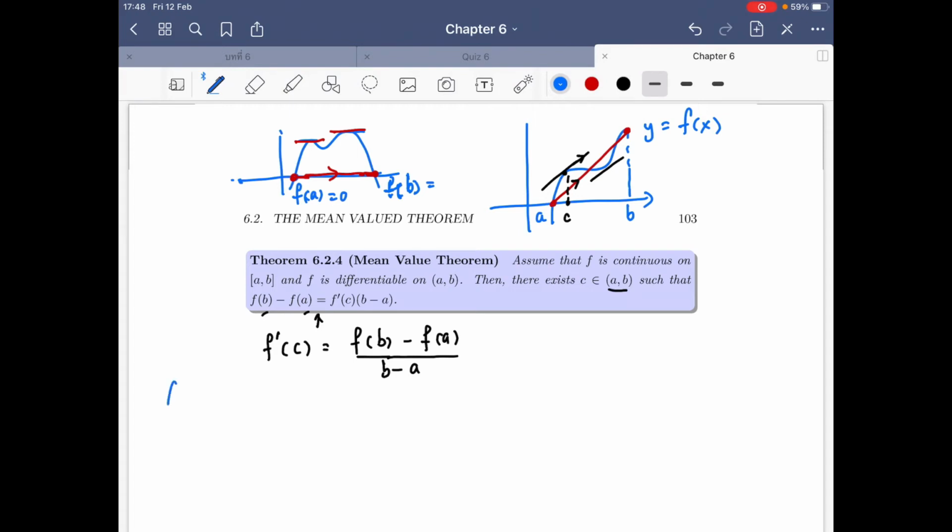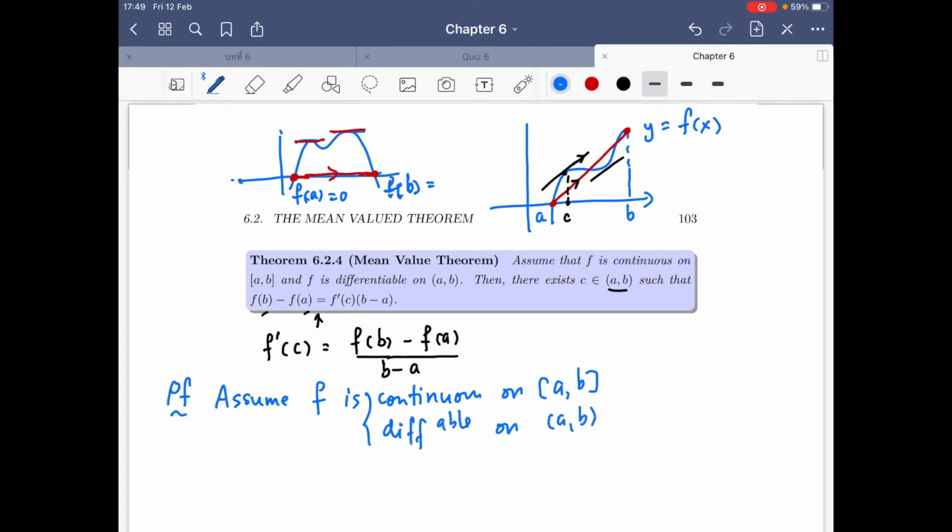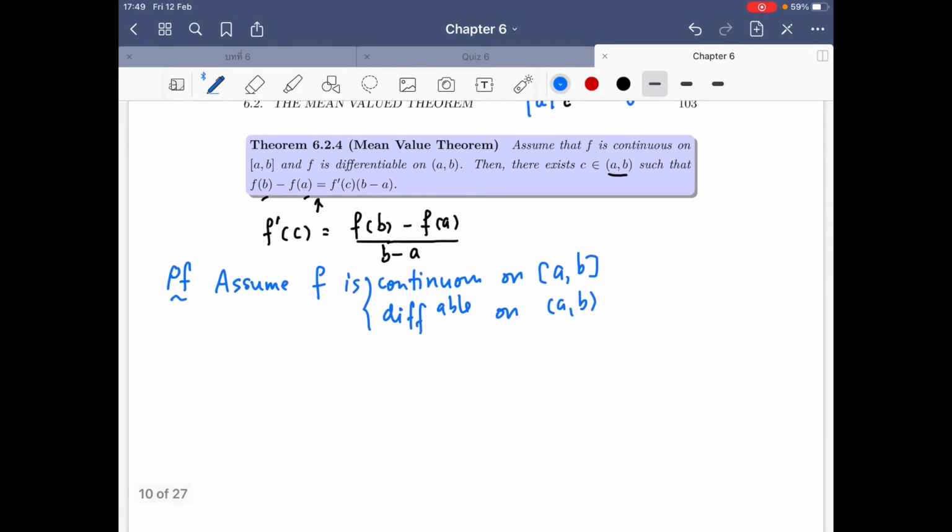All right, so let us do the proof. Of course, we already assume that f is continuous on the closed interval and also differentiable on the open interval from a to b. And you are going to define another function that satisfies the Rolle theorem.